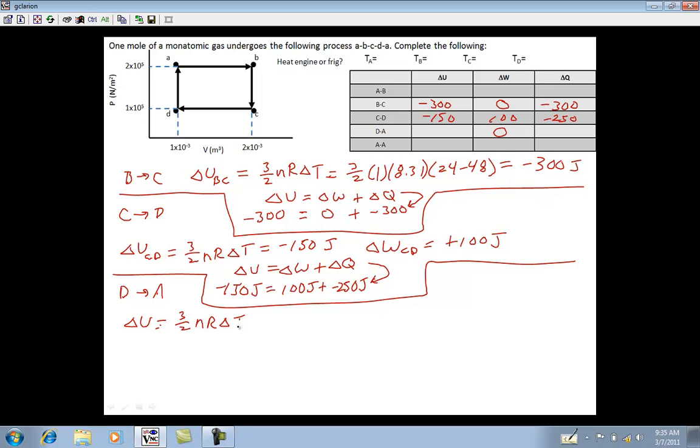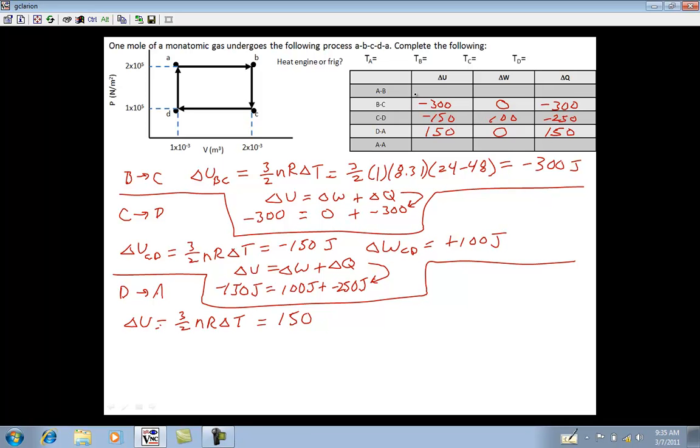That turns out to equal 150 joules. According to my first law, what does delta Q have to be then? That has to be 150 joules.